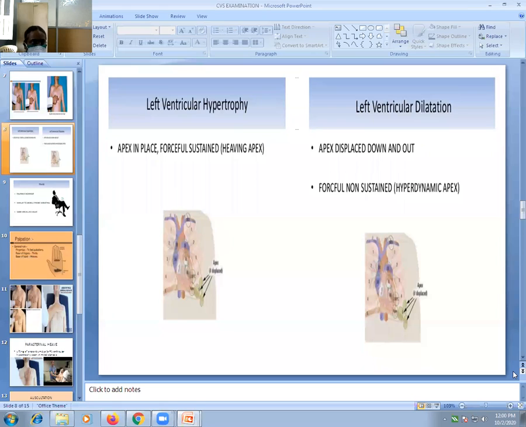So shifting of the apical impulse occurs in cases of left ventricular dilatation.